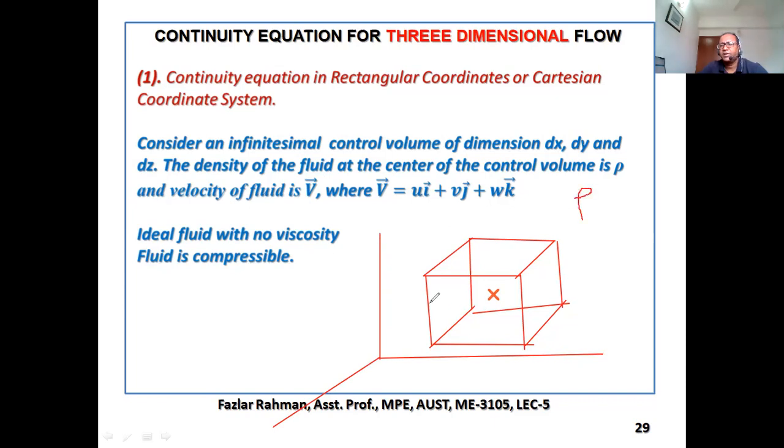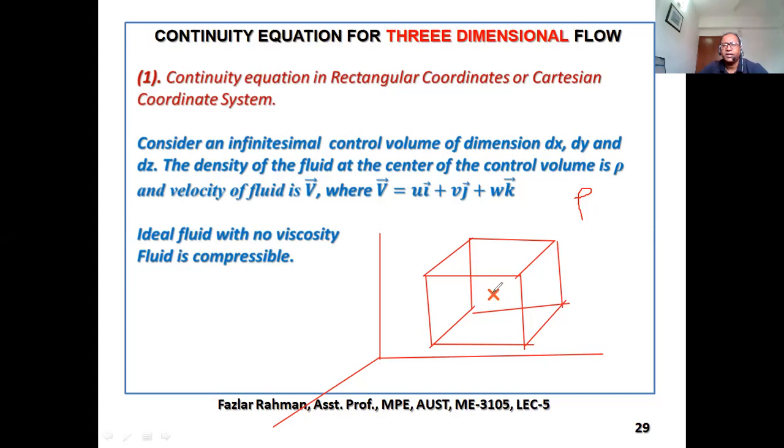The fluid element has dimensions dx, dy, dz. What will be the mass? We can figure it out easily: the volume is dx dy dz, multiplied by rho, and you get the mass.